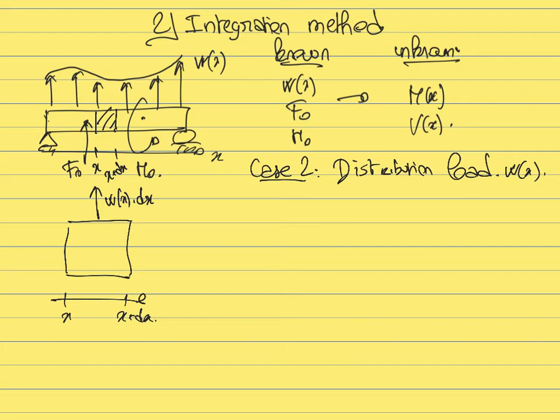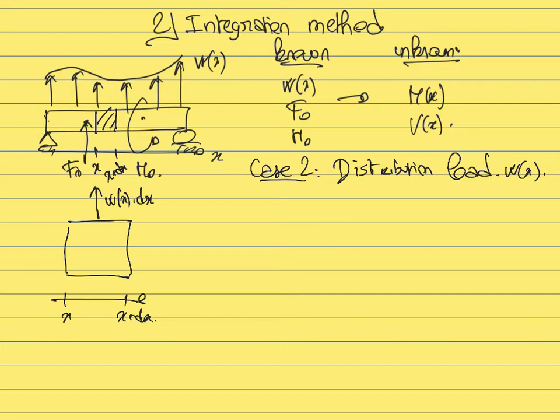Since dx is so small, we assume that the distributed load W is constant and equal to W of x, the value of the distributed load at x. To get the force, we multiply the distributed load by the distance over which it is applied, which is dx, the length of the beam.